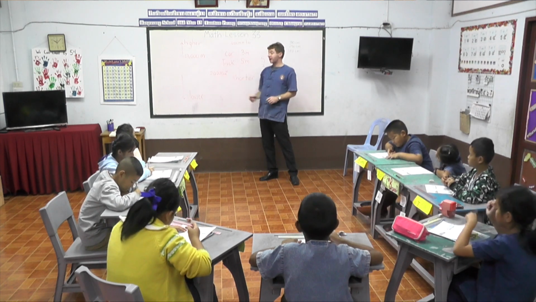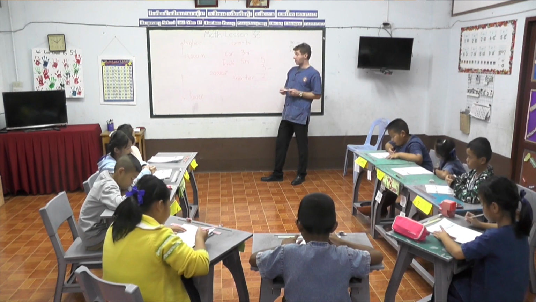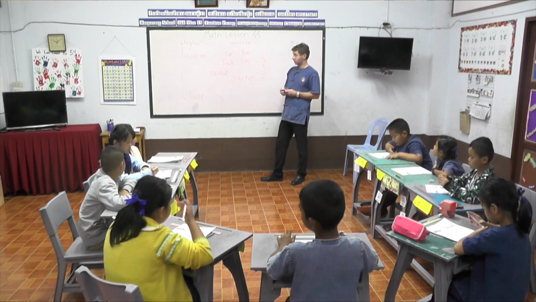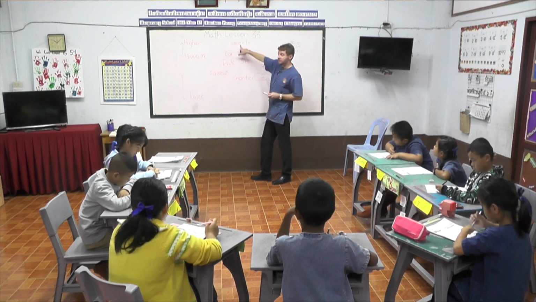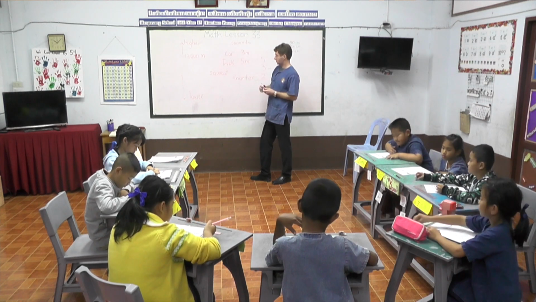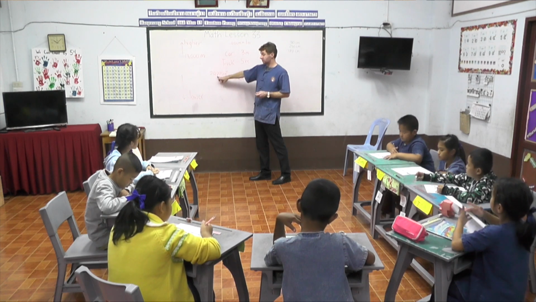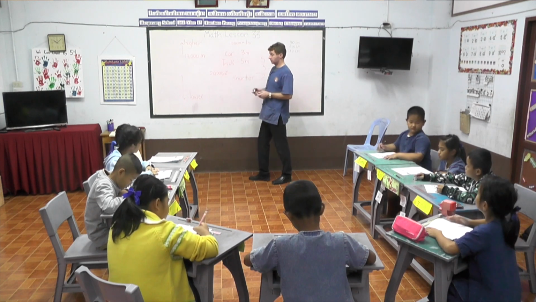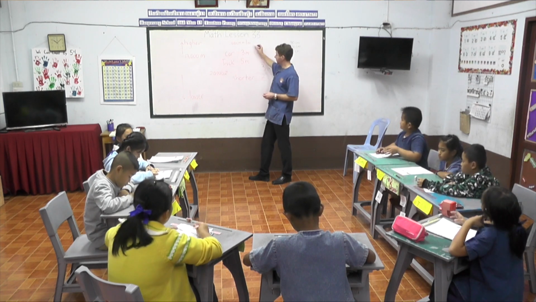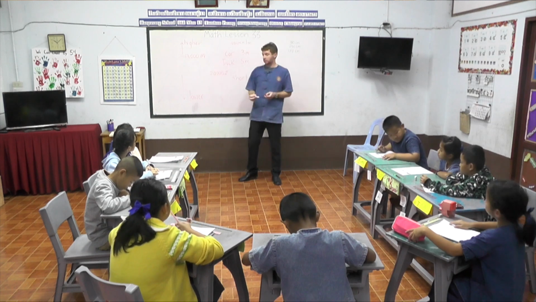So 20,000 centimeters, how many meters? More than 2. 100 centimeters is 1 meter. 20,000 centimeters. Have a think, and then you need to work out which is higher and which is lower.